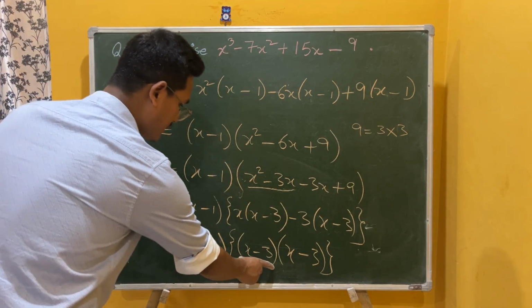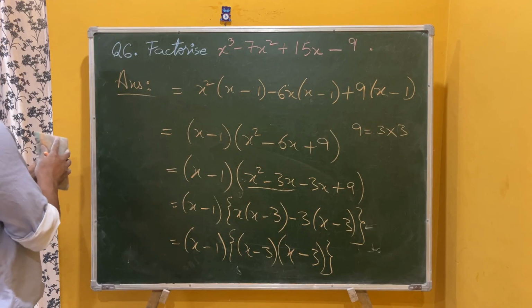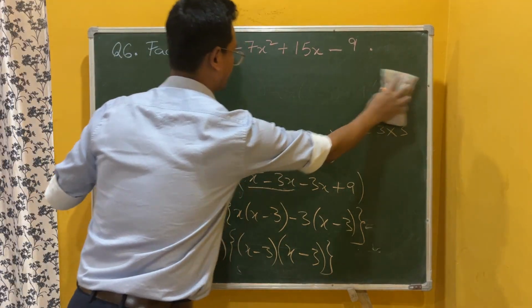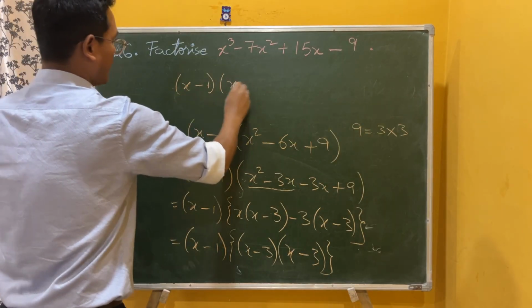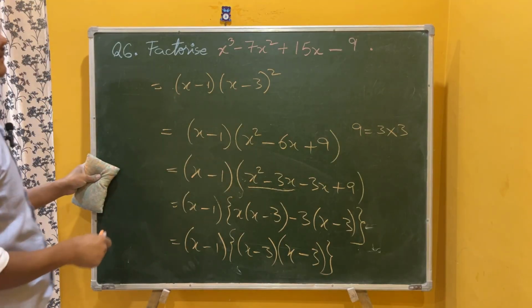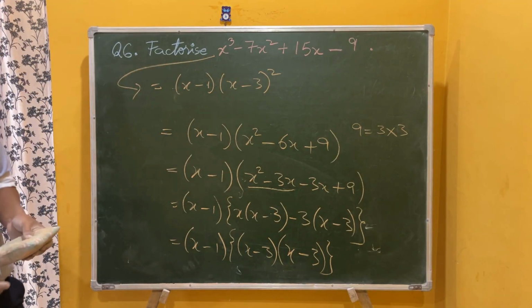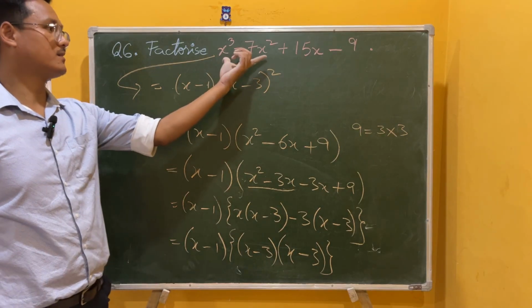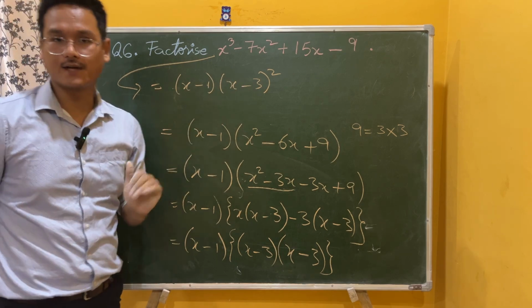Since x minus 3 is being multiplied twice, you can write this as x minus 1, x minus 3 whole square. So this polynomial is now completely factorized.